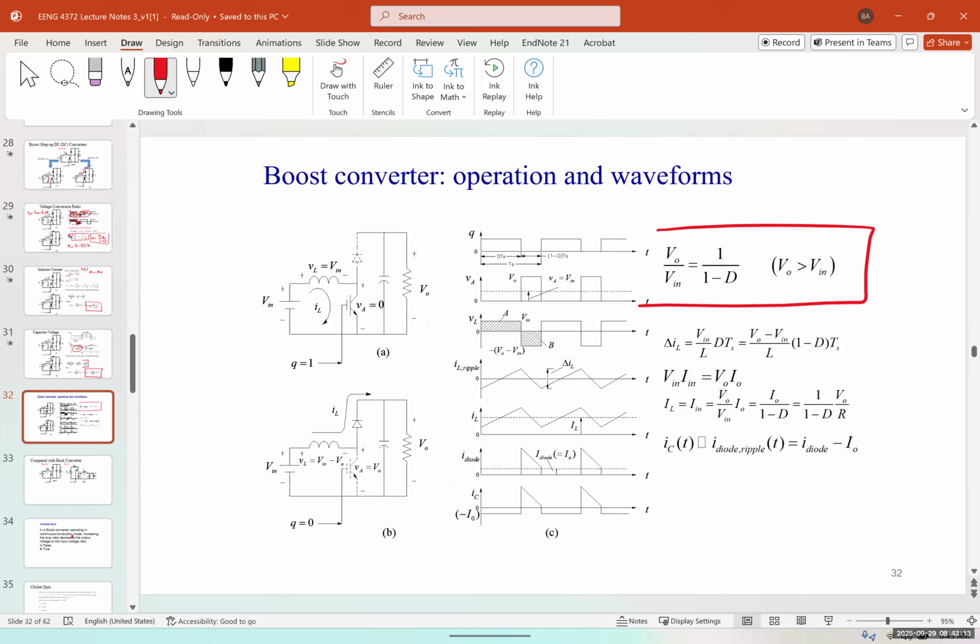Again, V out over Vin is equal to 1 over 1 minus D. And delta IL is equal to Vin over L times D Ts. And Vin Iin is V out I out, and IL is 1 over 1 minus D times V out over R.